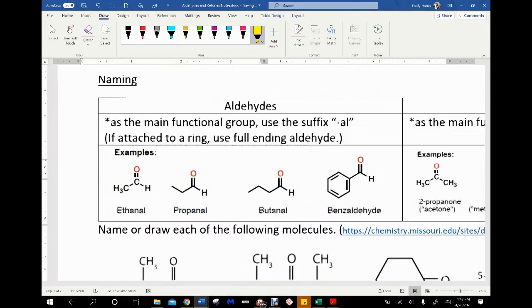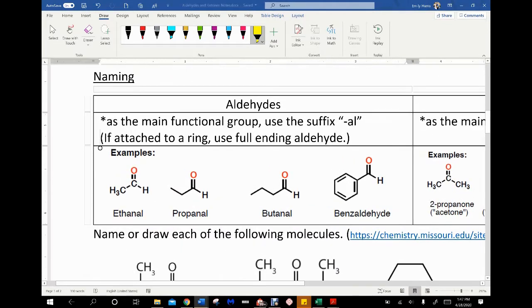And so some examples here. So you have ethanal. The reason it is eth is because you have 2 carbons, 1, 2. You have propanal with 3 carbons, butanal with, you guessed it, 4 carbons. So it's using those same prefixes, meth, eth, prop, but, that we've encountered before.